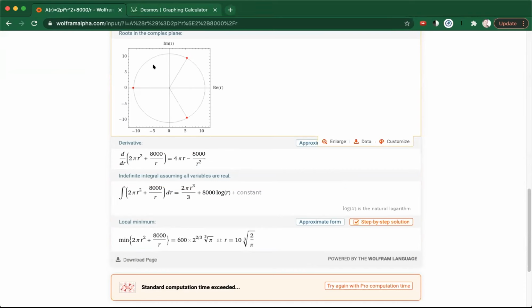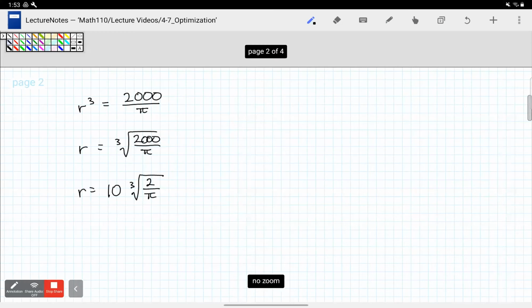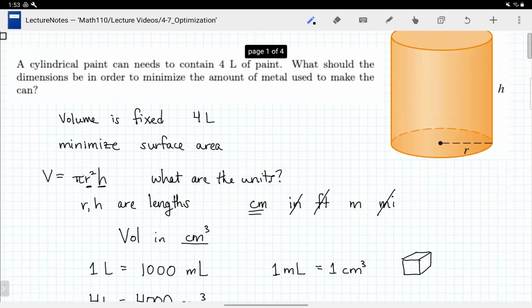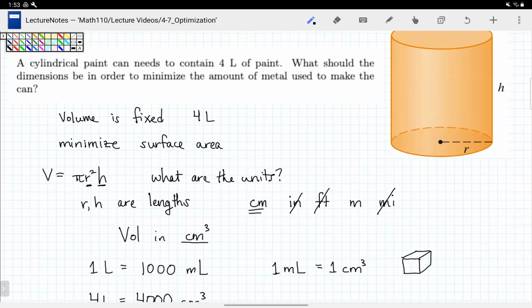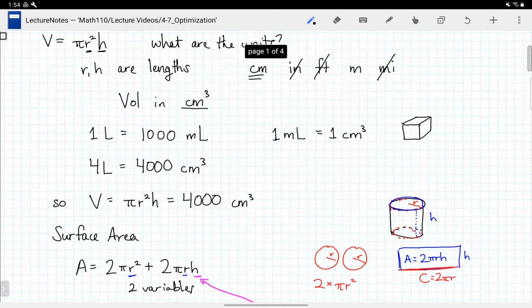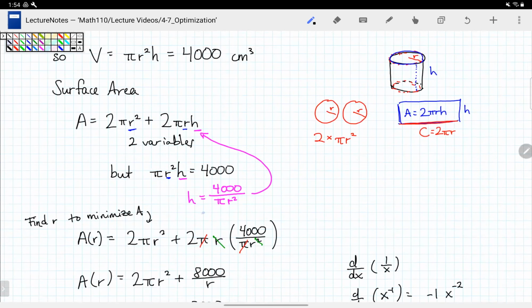Now, I want to go back to the writing here because we haven't actually solved it. The question was find the dimensions in order to minimize the amount of metal. Okay, so we found r, we need to find h. And somewhere around here, we had h is 4000 over pi r squared.